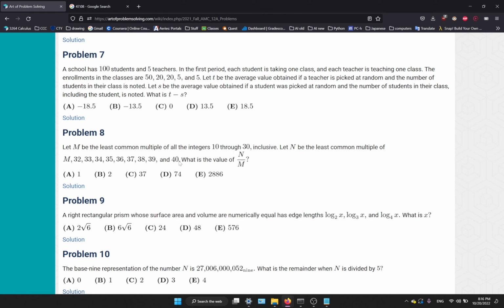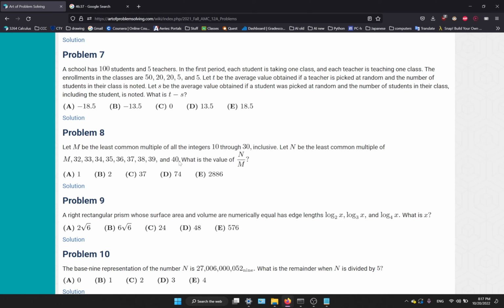What is the least common multiple of all the integers? It can't be even because we have odd numbers. Least common multiple, that's the one where you multiply. Okay, we have to find all the primes. So we got 11.